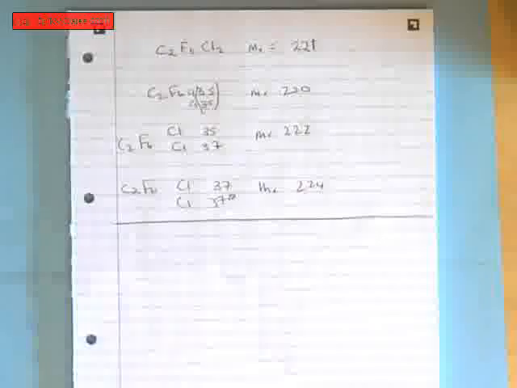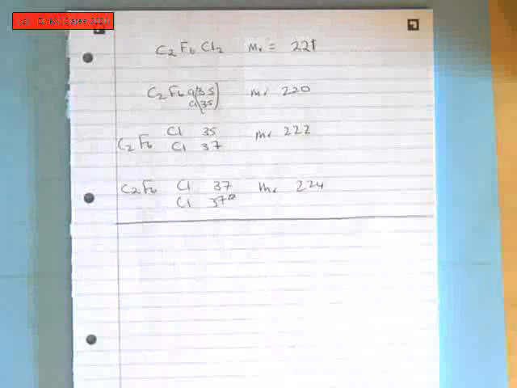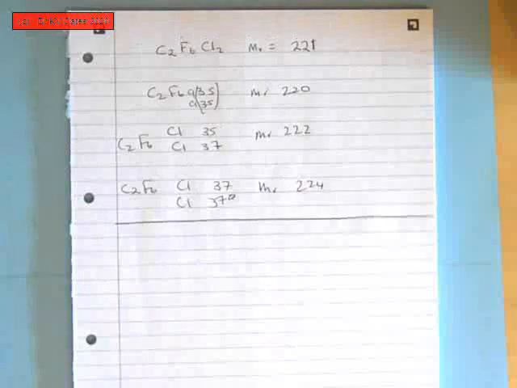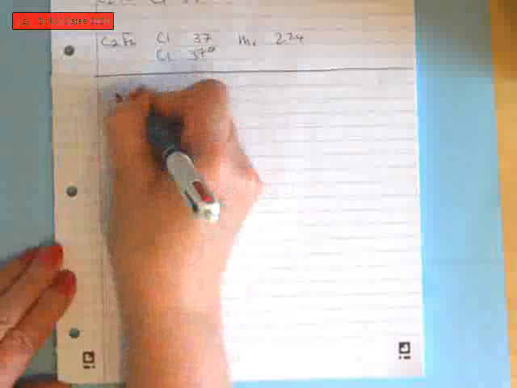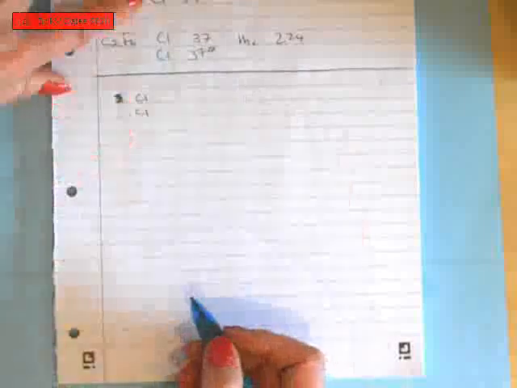The hard bit is the relative abundance, and it's statistics, I guess, just applying what you did in maths. So here, I'm going to put 2 chlorines to represent the 2 chlorines in this compound.